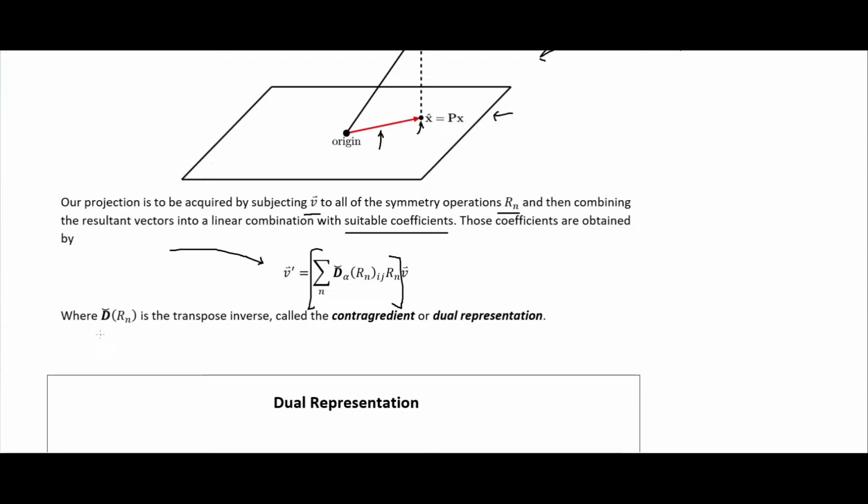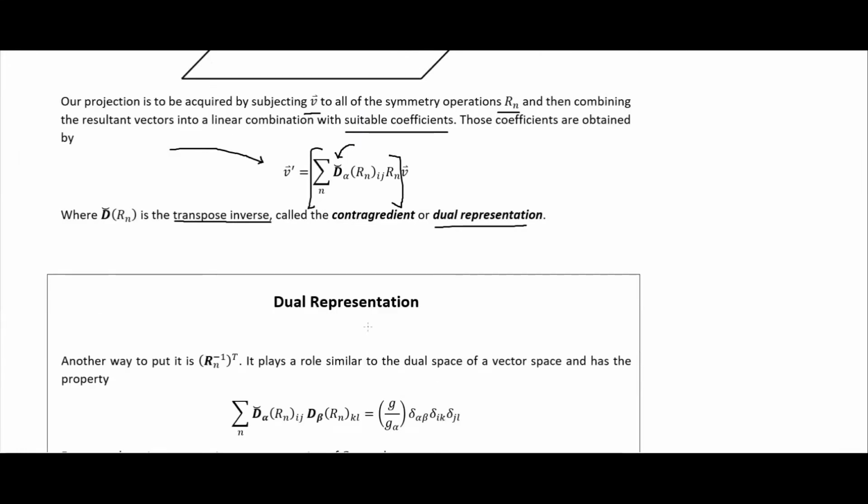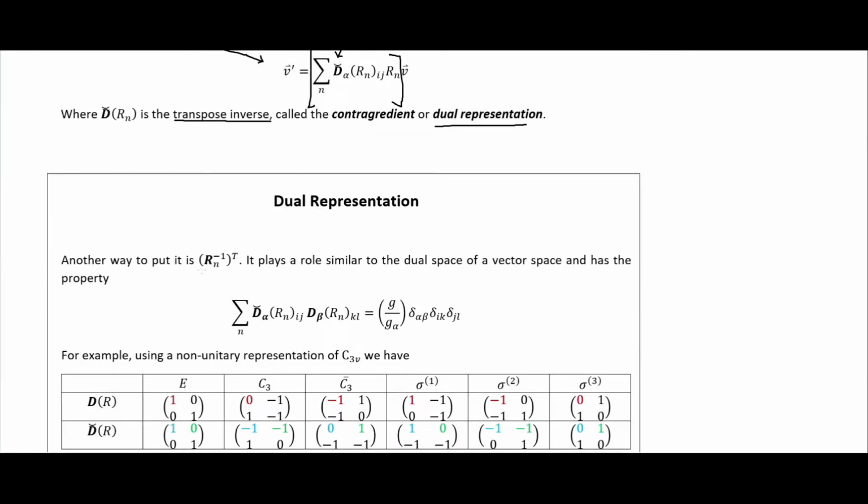Where the D with this funny little thing over top of it is the transpose inverse, called the contragradient or dual representation. I talked about this in a previous video, but I'll give a little reminder. We have the inverse and then we transpose it, and this plays a similar role to the dual space of a vector space.